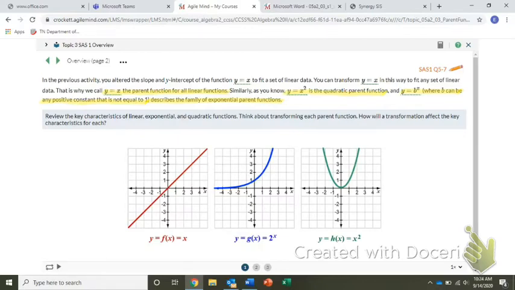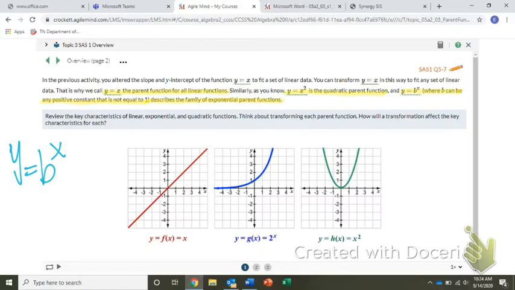Well, I just highlighted it. Y equals b to the x, where b can be a positive constant that is not equal to 1. So anything greater than 1.